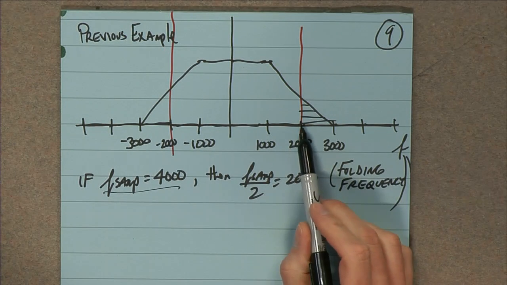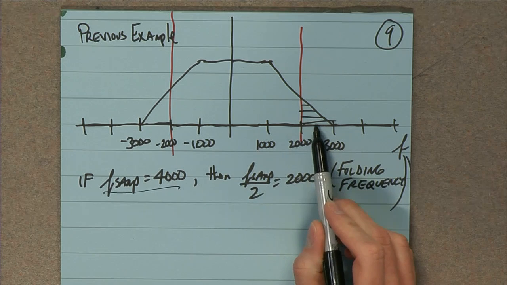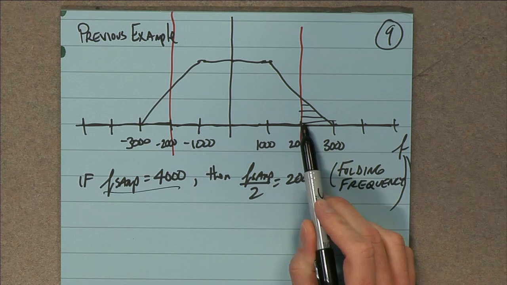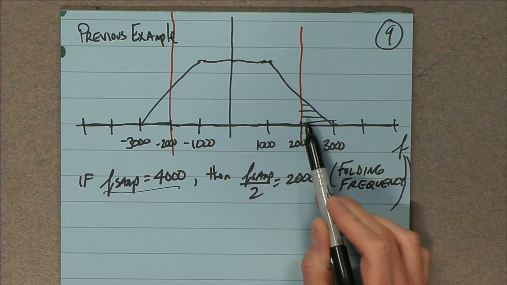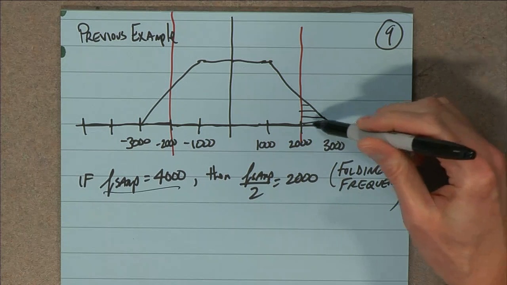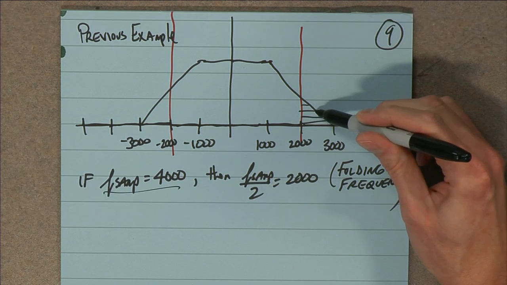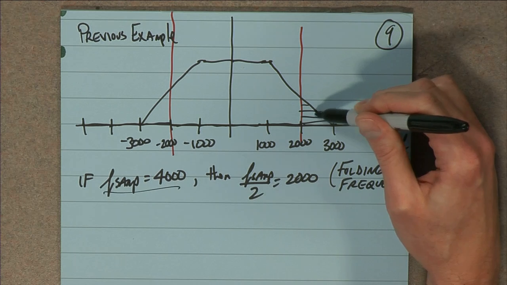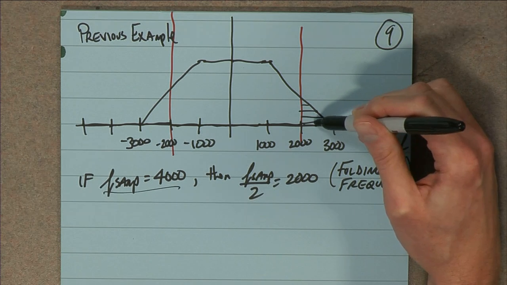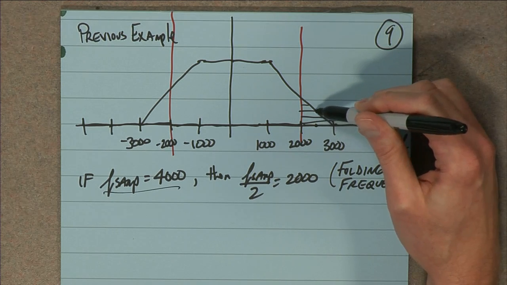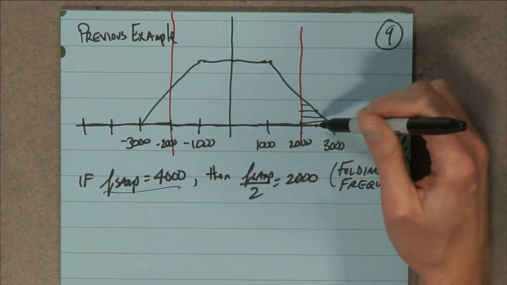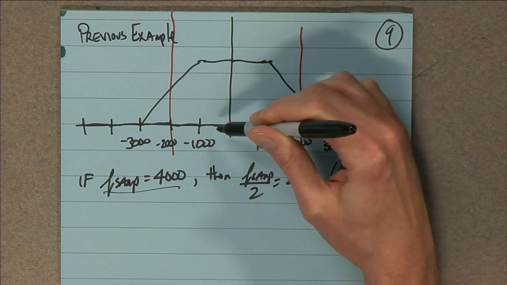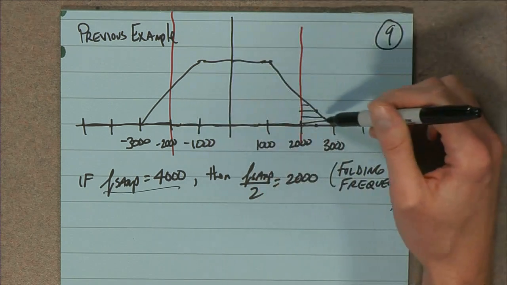So if these frequencies are greater than f-samp over 2, then we're certainly not going to add multiples of f-samp, right? So if I just grab a point, 2500, and add 4000, I'm even farther out. So what I want to do is take this frequency, like 2500 for instance, and subtract 4000. If I do that, where does it end up? Well, 1000, 2000, 3000, 4000, minus 1500, right?